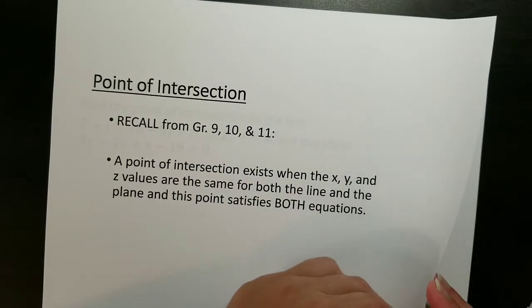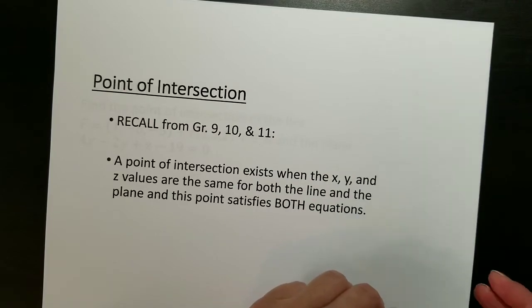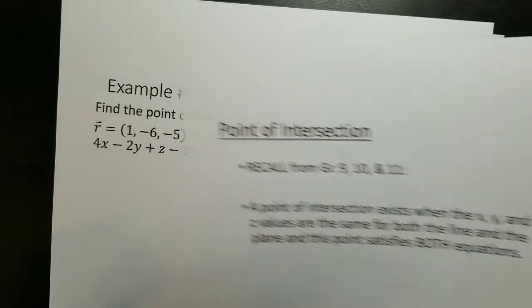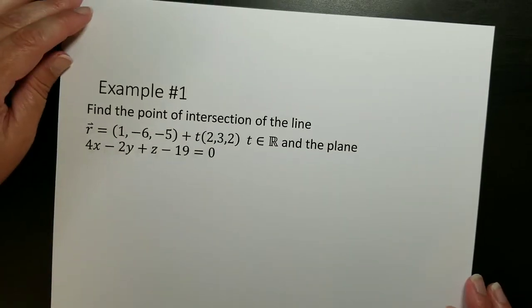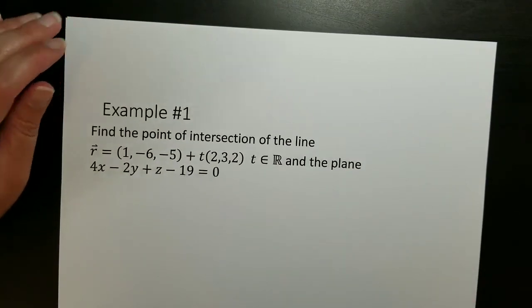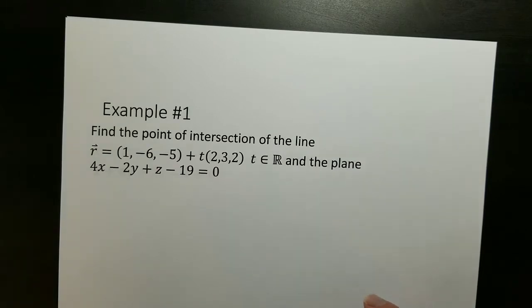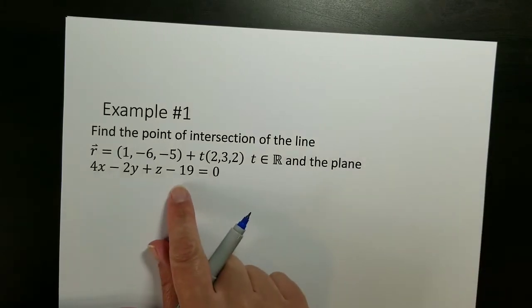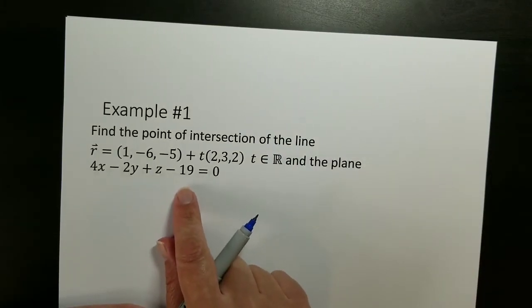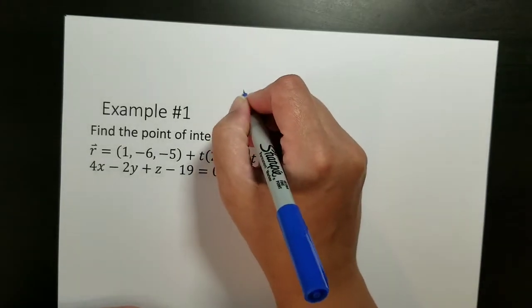Because we have so many different forms of the equation, how you're going to do this depends on what form you have. The first thing I would recommend, and I think this is a pretty good rule overall when we're doing intersections, is that the equation of your plane should always be in Cartesian or scalar form.